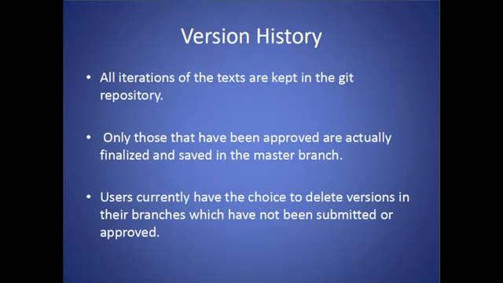Version history is a very important point with SOSOL, because of course we have many versions which supersede one another. We keep all version histories in the Git repositories, but only the approved versions are finalized and saved in the master branch, and users have the choice. Right now we've decided to go with that. They have a choice to delete versions in their branches which have not yet been submitted or approved.